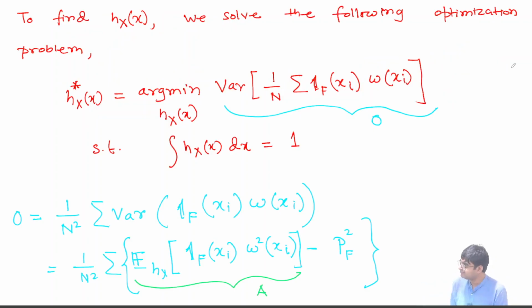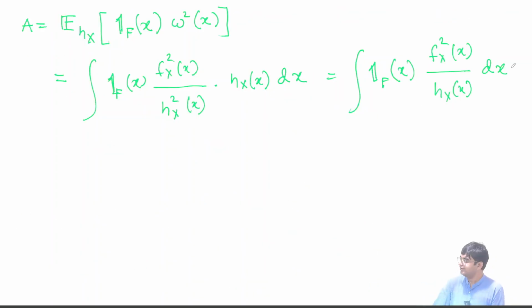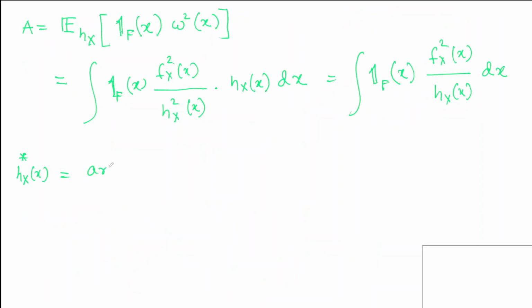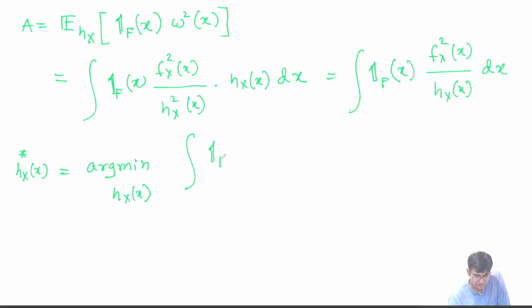This means the problem statement that you see in red will now be written in terms of this which you see in green. So hx star is equal to, you are looking to minimize, the integration of the indicator function of x times fx square x divided by hx x dx.